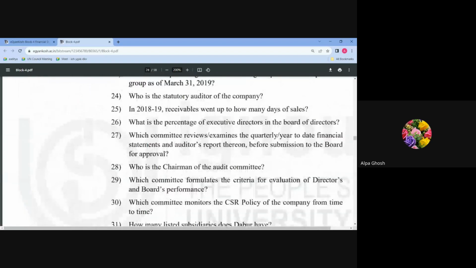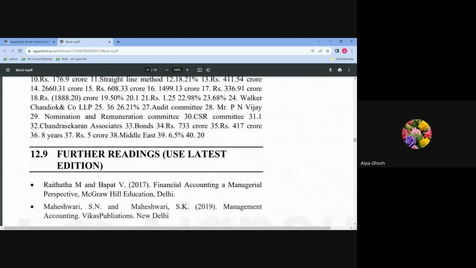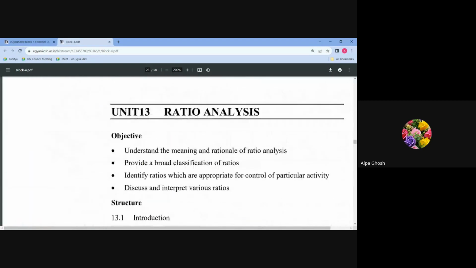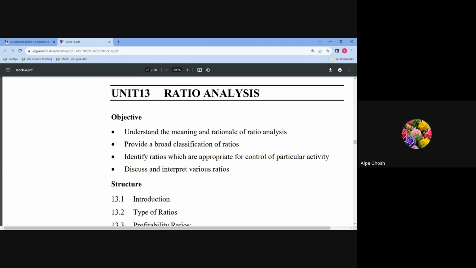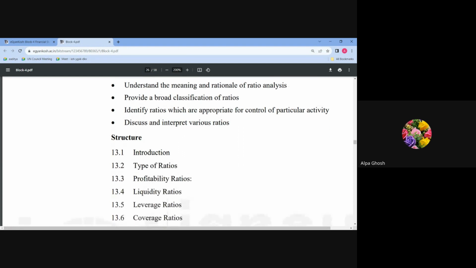Then we will come to chapter 13 or unit 13. It talks about ratio analysis. Ratio analysis is done to understand or to compare two datas. First, we'll understand what is financial statement analysis, and once we know that, we'll come to the ratios.